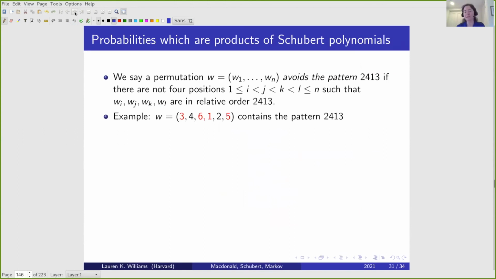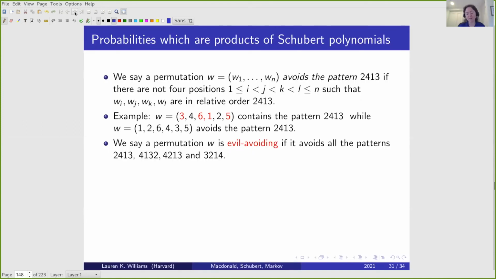As an example, this permutation 3, 4, 6, 1, 2, 5 contains the pattern 2, 4, 1, 3, which I've shown in red, because those red letters 3, 6, 1, 2, 5 have the same relative order as 2, 4, 1, 3. But the permutation 1, 2, 6, 4, 3, 5 avoids the pattern 2, 4, 1, 3 because you cannot find 4 positions where the corresponding letters are in the relative order 2, 4, 1, 3.